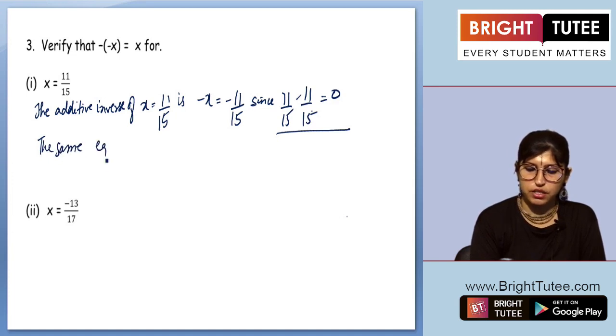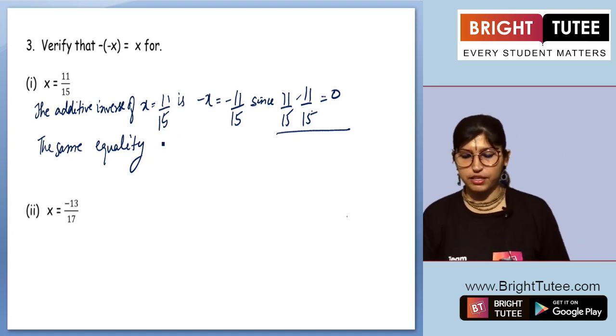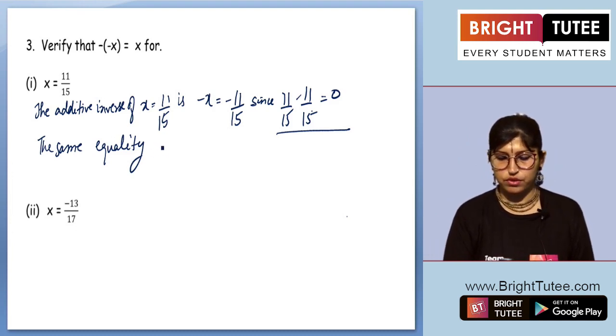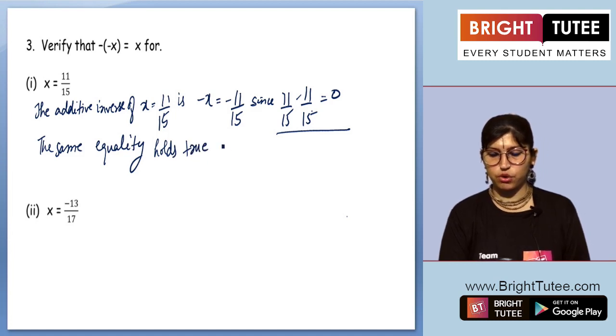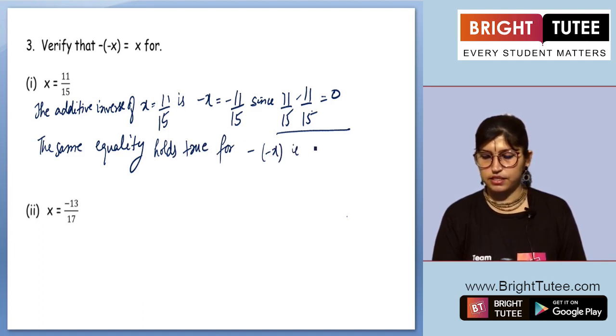Now the same equality holds true for minus of minus x, that is minus of minus 11 by 15, which will be 11 by 15.